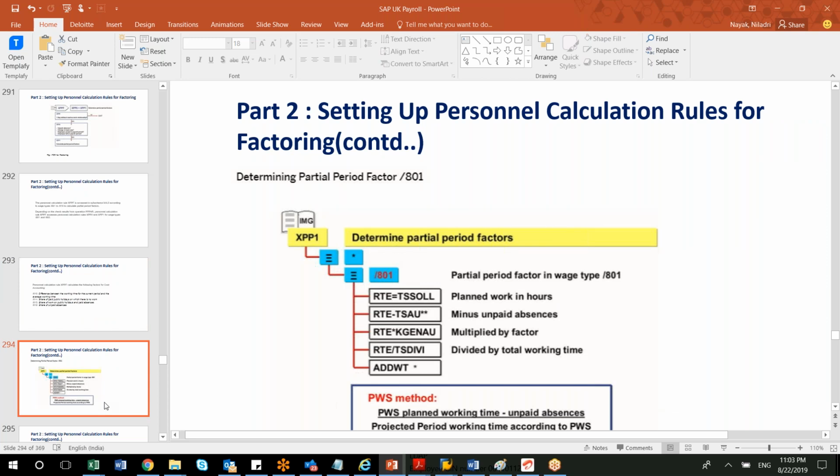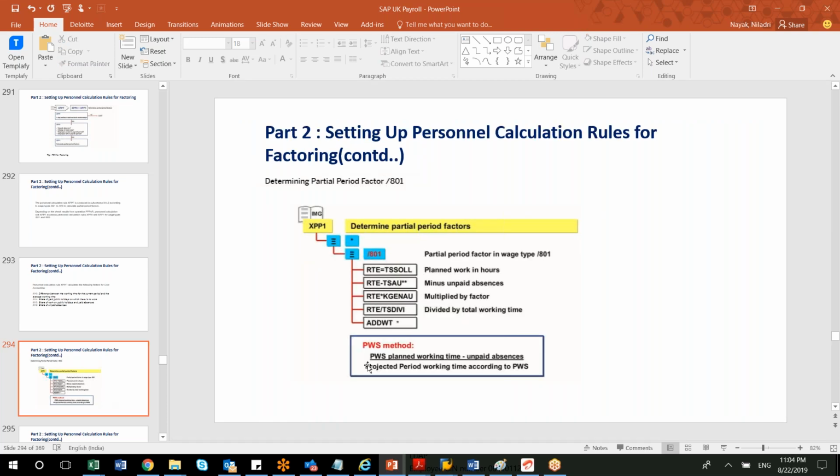The basic formula here is called PWS, the period work schedule method. Whatever planned working time you have is in the numerator, minus unpaid absences, whatever the unpaid absences are, 8 hours or 16 hours. This is divided by the projected period of working time according to the PWS.